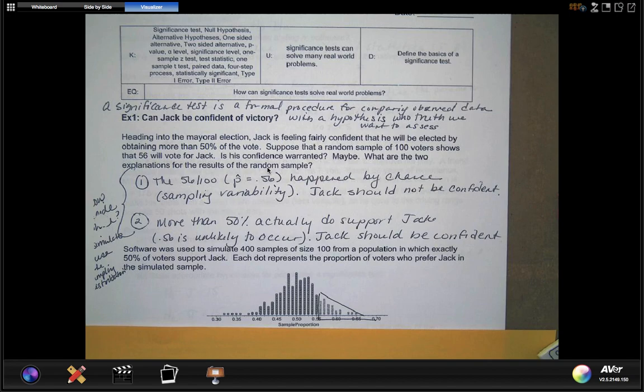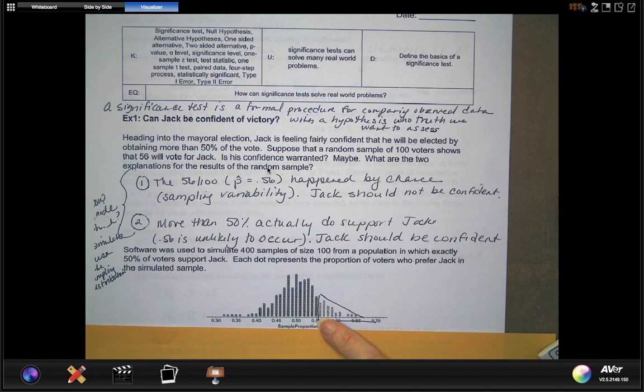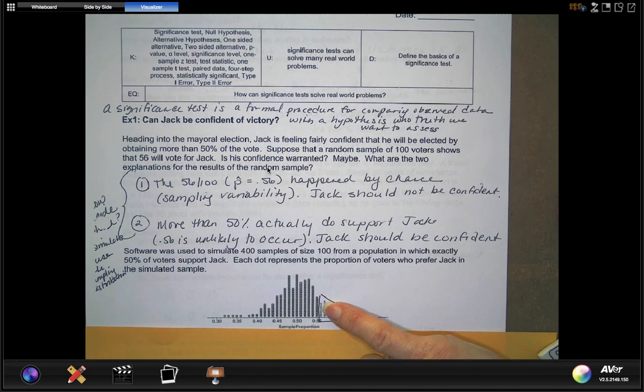If we look at 0.56, here's 0.56. This is not that unusual. If 0.56 was considered unusual, so would 0.57 or 0.58 or 0.59 and so on. So I'm not going to look at the likelihood of just 0.56. I'm going to look at 0.56 and anything higher than 0.56. If I look at all those samples right there, that's 13.75%.